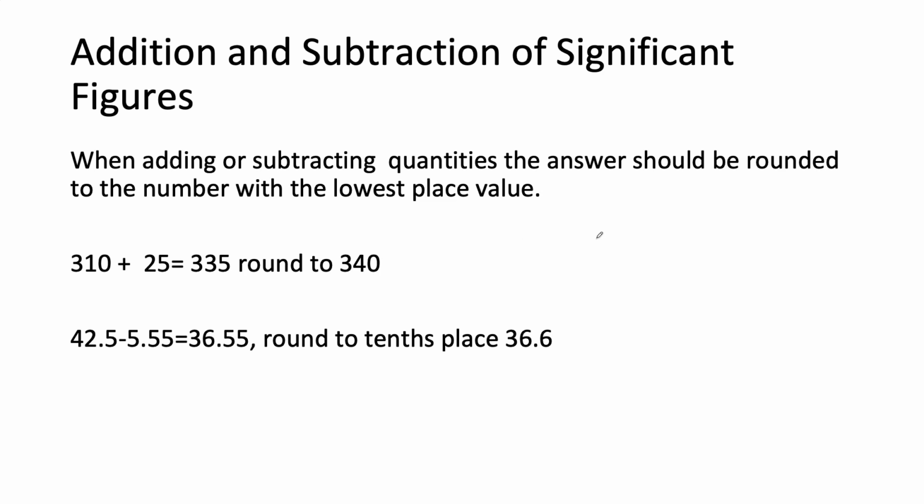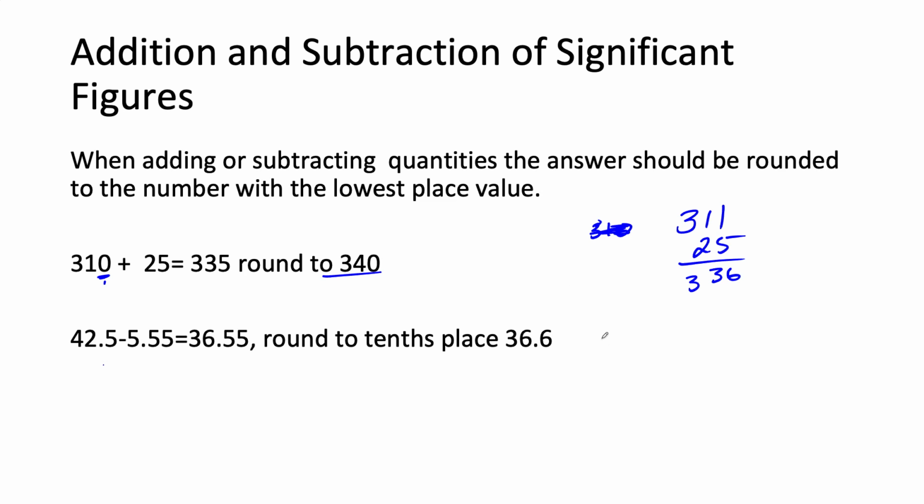So let's look at this. 310, now I'm going to do 311 and 25. We don't round yet, because if this is non-significant, it'd be 340, or it'd be 336 if we have a 1 there. It depends on the uncertainty of this.